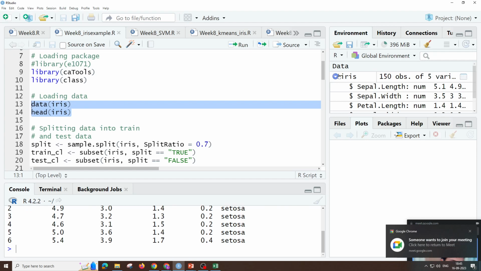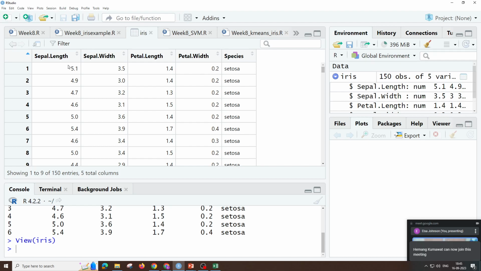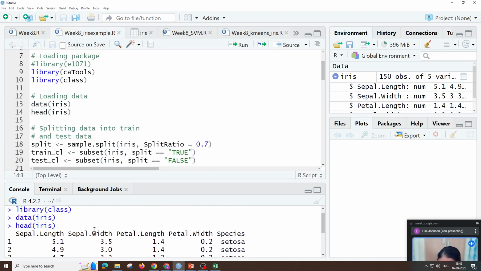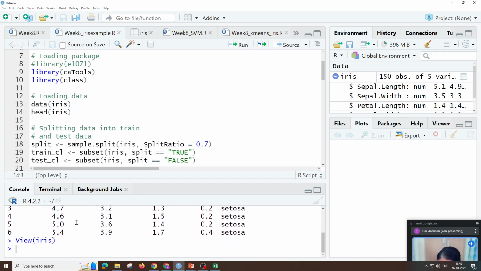Here you can see the data set looks like this: sepal length, sepal width, petal length, petal width, and species. Species is the 5th column, and it's already coming as a factor with 3 levels. Then the head I have also printed, that means the first 6 rows of the data set.